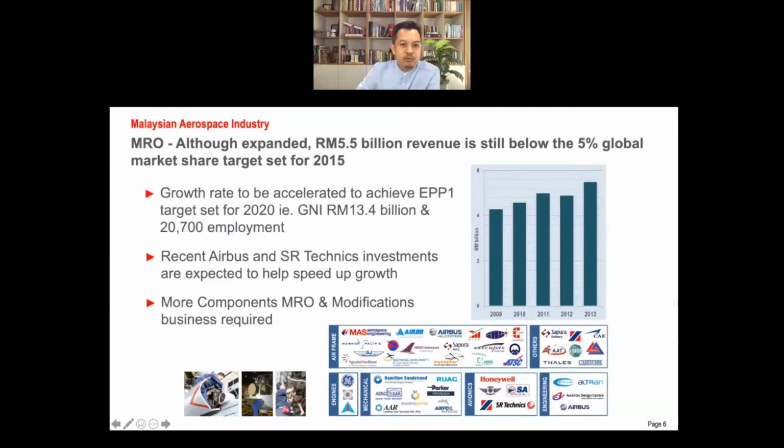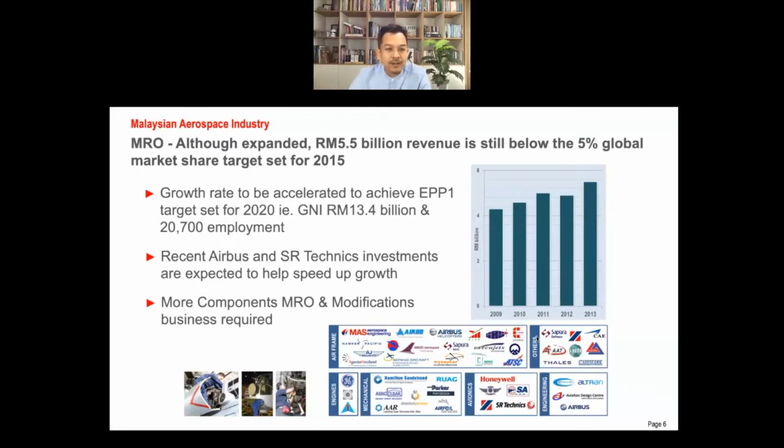Let us move into the first sector, first subsector, which is the maintenance, repair, overhaul. All right. As we have seen since 1997, the MRO subsector has already grown into quite an established subsector in aerospace.